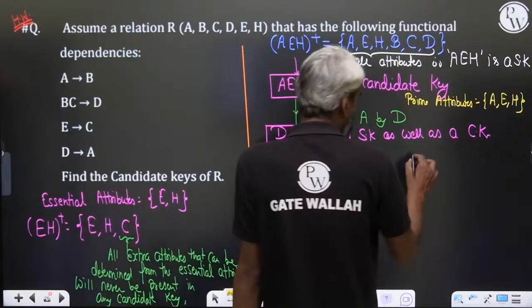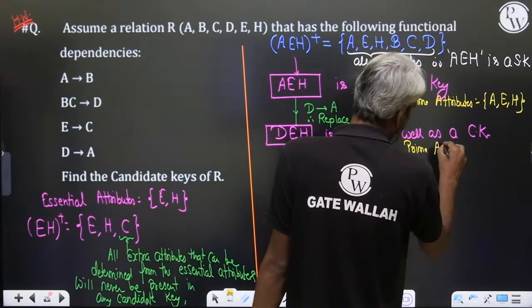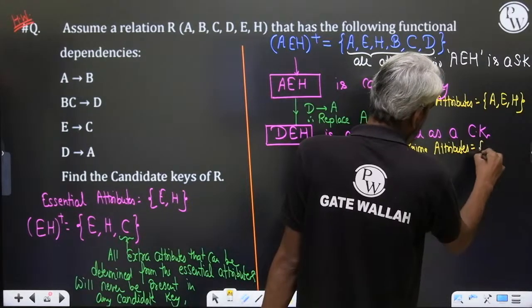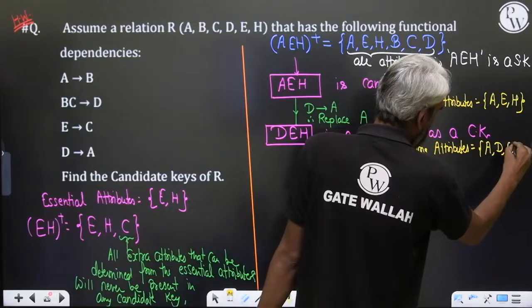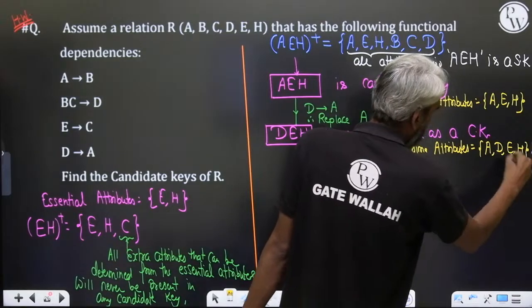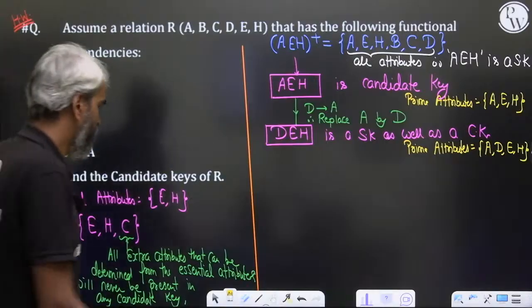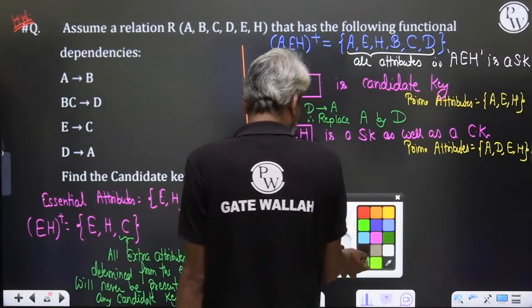So after inclusion of this, the set of prime attributes will become A, D, E, H. A, D, E, H. Now, next.